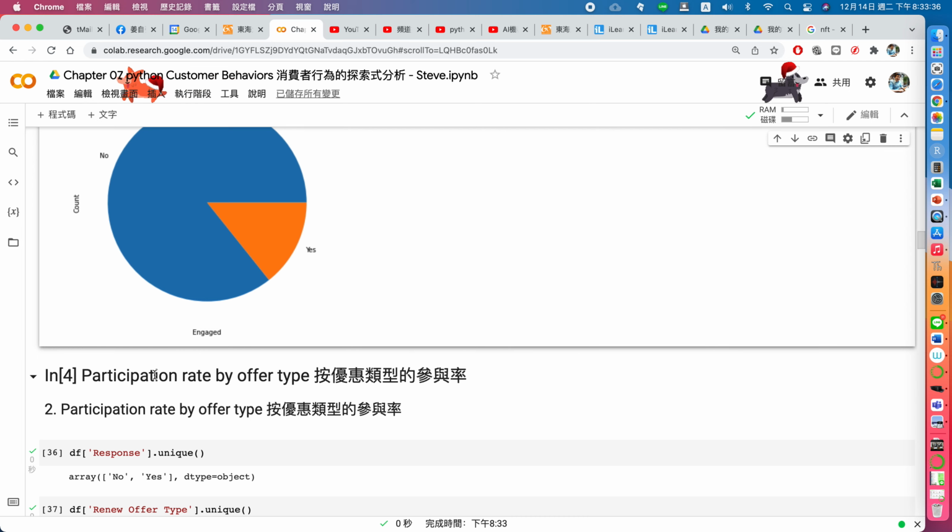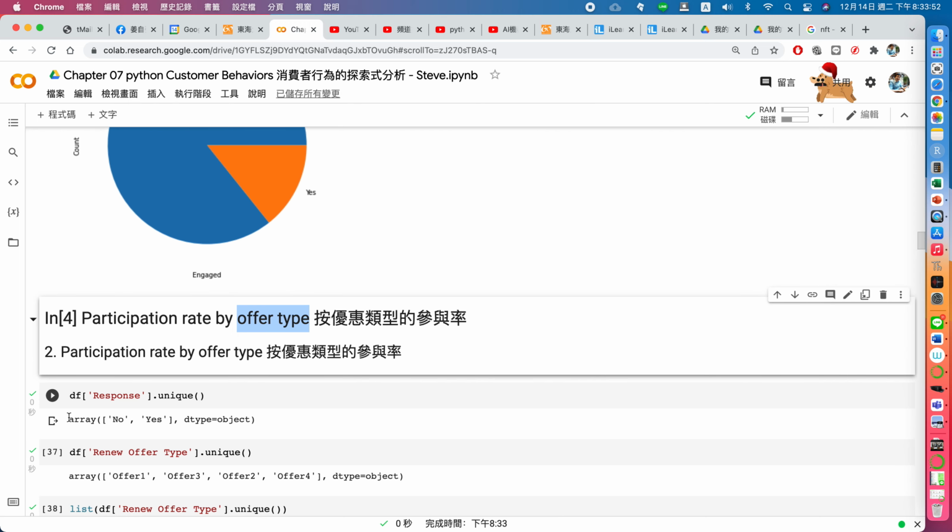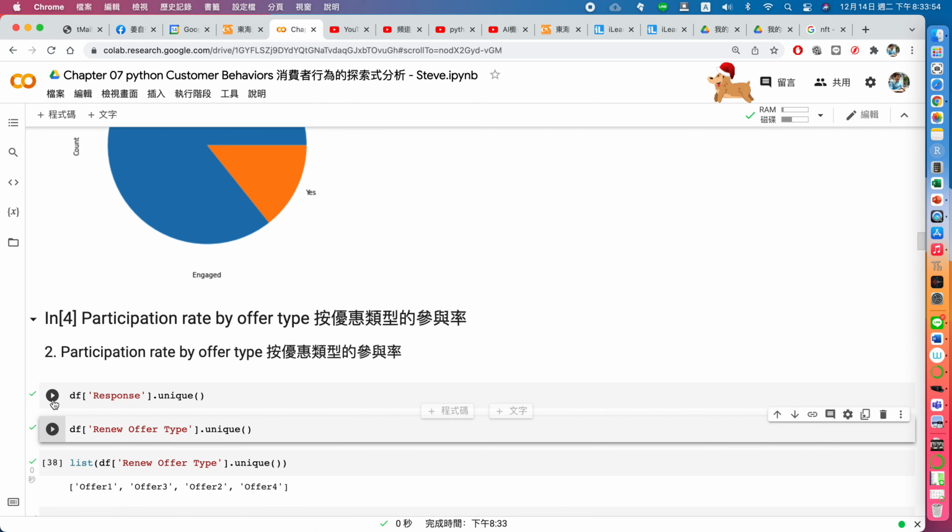The first, we look at the participation rate by different offer type. So what is the engagement rate for different offer types?